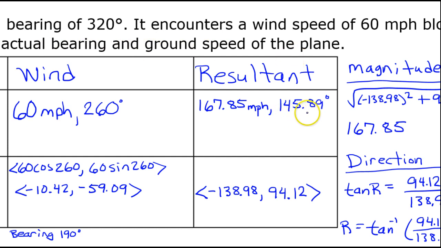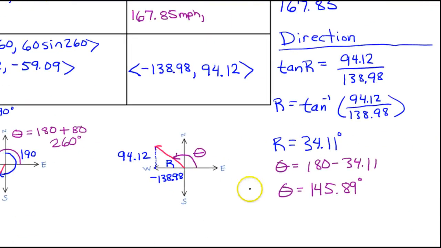So we need to convert this to a bearing. So this is not going to affect the magnitude, so I might as well go ahead and copy the magnitude again for this second version of the magnitude direction. So I'm going to copy down my 167.85 miles per hour. But now I need to pair that with a bearing version of direction.